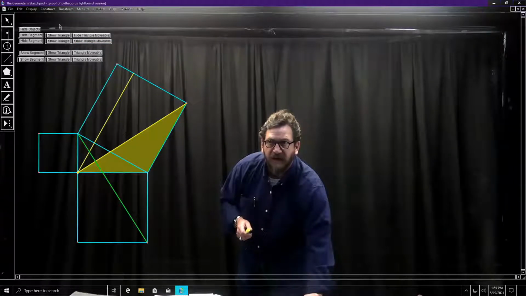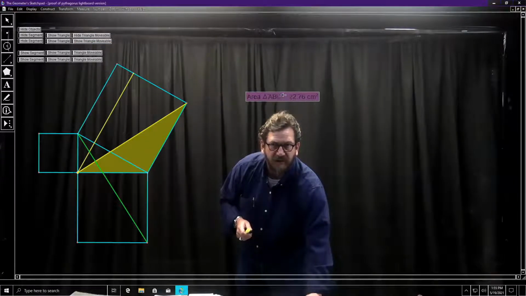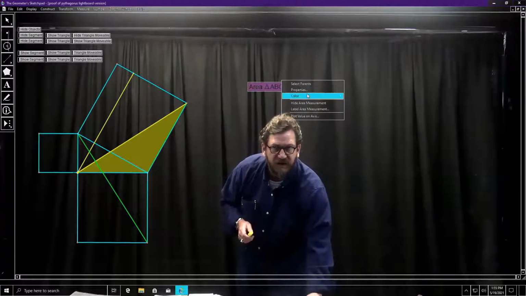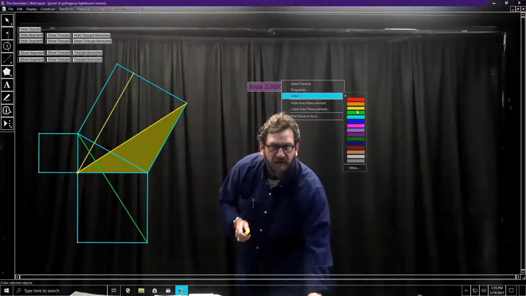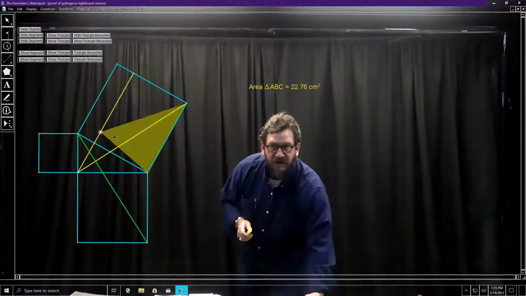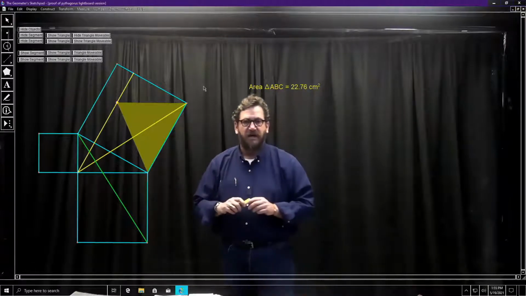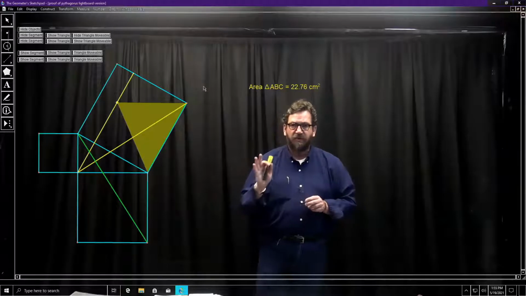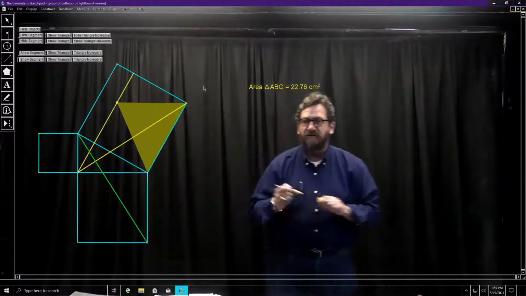All right, so I have a measurement right here, and you're going to have to permit me to change its color to yellow so that we can continue to see it. And I can move that vertex, and I get different triangles. But notice the area is not changing. And the question is why? And this is what Euclid's going to make use of.